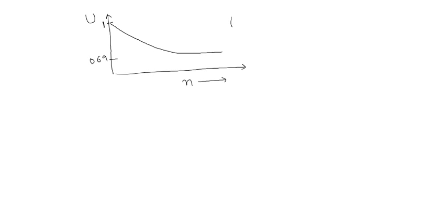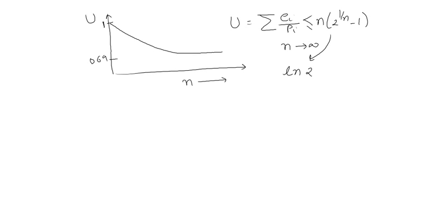Your utilization is defined as the summation of ei upon pi, and that must be less than or equal to n times 2 to the power 1 upon n minus 1, right? If n is going to infinity, so suppose you want to assign infinite tasks, this side will become simply log 2, so it comes around 0.69.